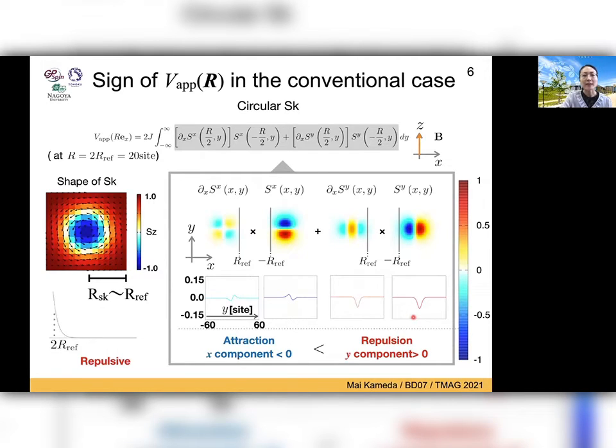The left component, partial x sx times partial x sx, gives rise to a negative, attractive interaction, whereas the right component gives rise to repulsion. In this case, the right side is larger than the left side, giving rise to repulsive interaction.